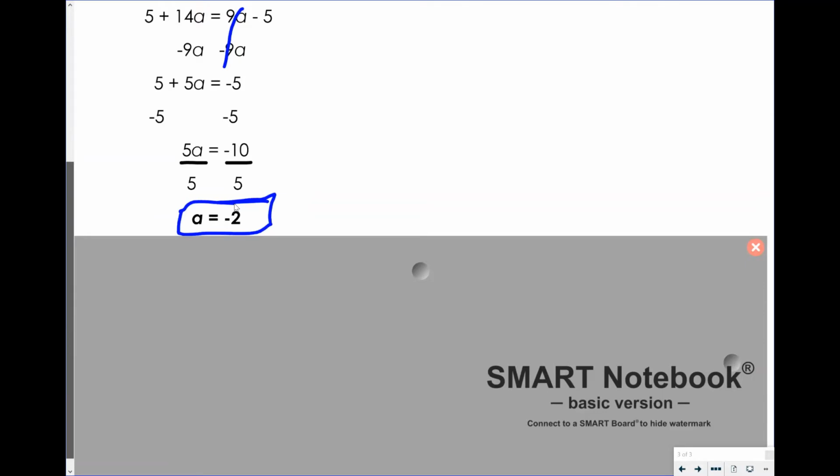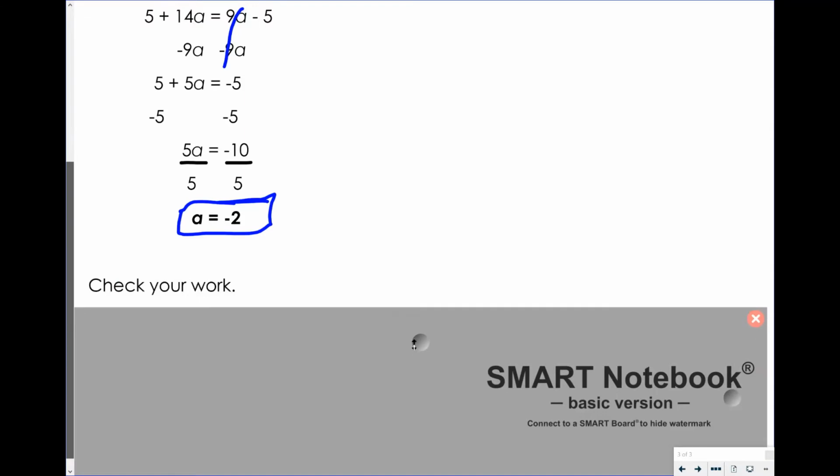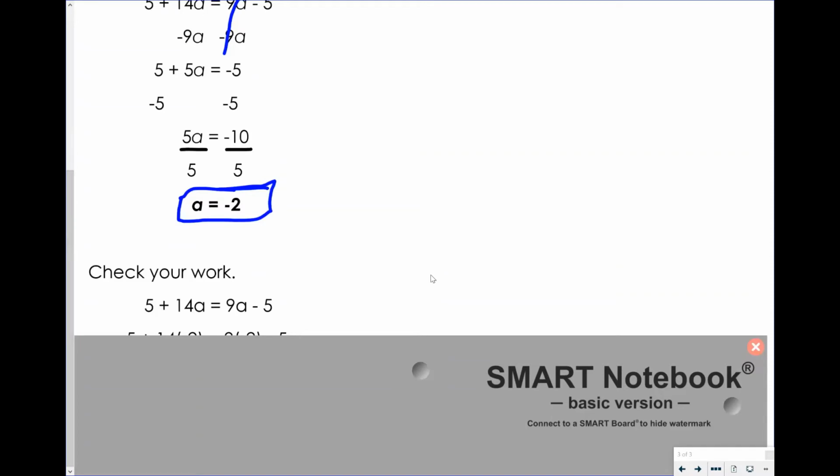But wait, there's more. I got to check my work to see, did I do it correctly? And if not, did I do something wrong? So let's check our work. So 5 plus 14A equals 9A minus 5.